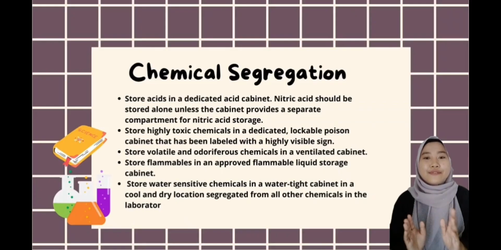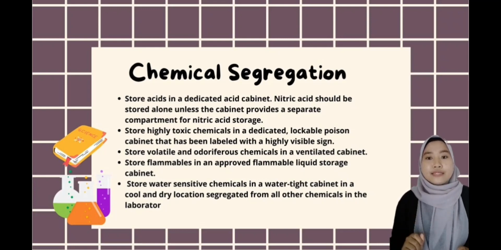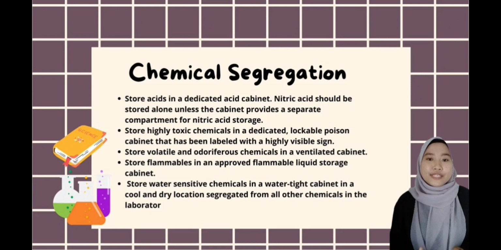In addition to safe storage practices, chemicals should always be segregated according to their specific hazards to prevent unintended reactions. As a minimum, laboratories should separate chemicals according to similar hazards, such as flammability, acidity, sensitivity to water or air, and toxicity.